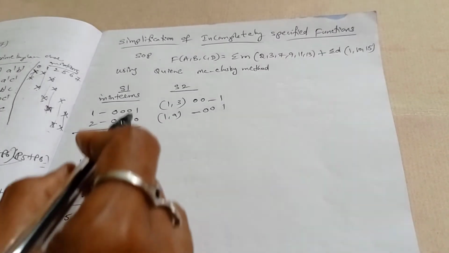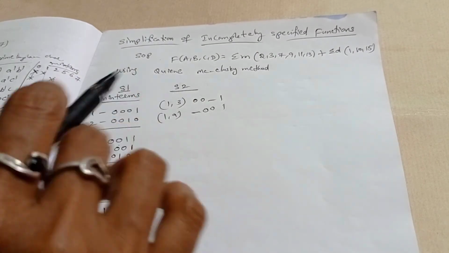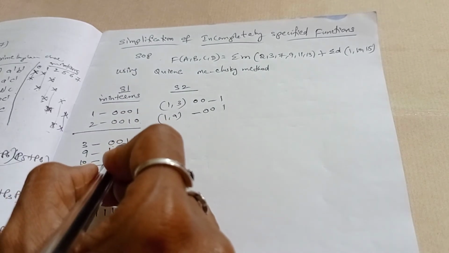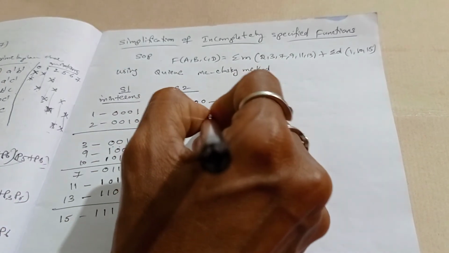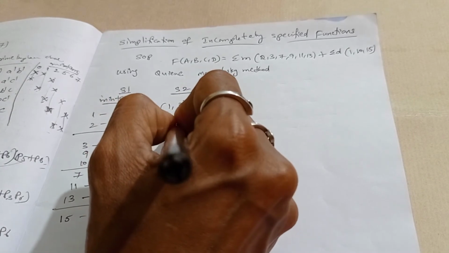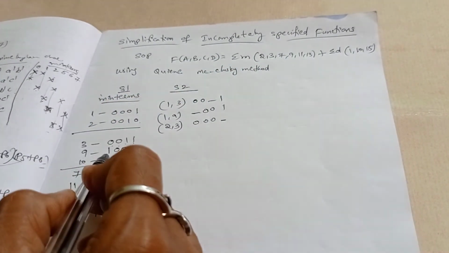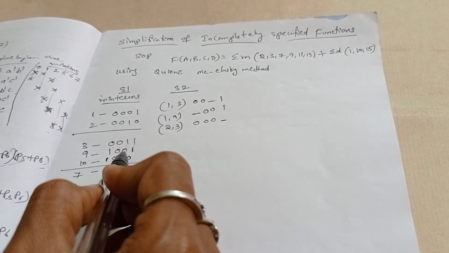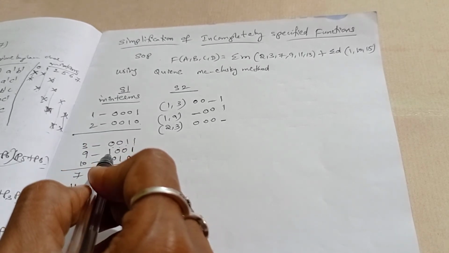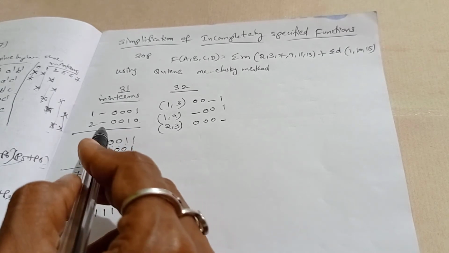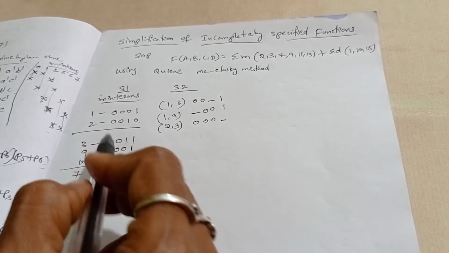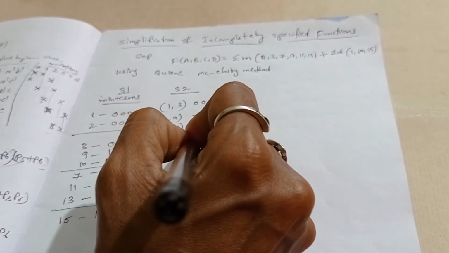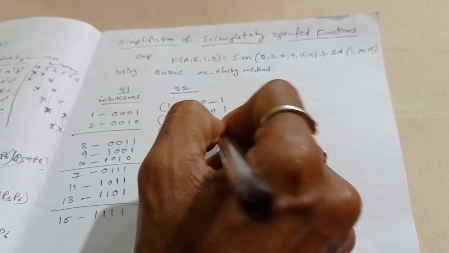Next it won't change because 1 is changing, 0 is changing, we cannot pair. Next 2, that is 00- with 2 and 3. Next 2 with 9 is not possible because 3 changes, we cannot pair. So next 2 with 10, yes it is possible, that is -010.